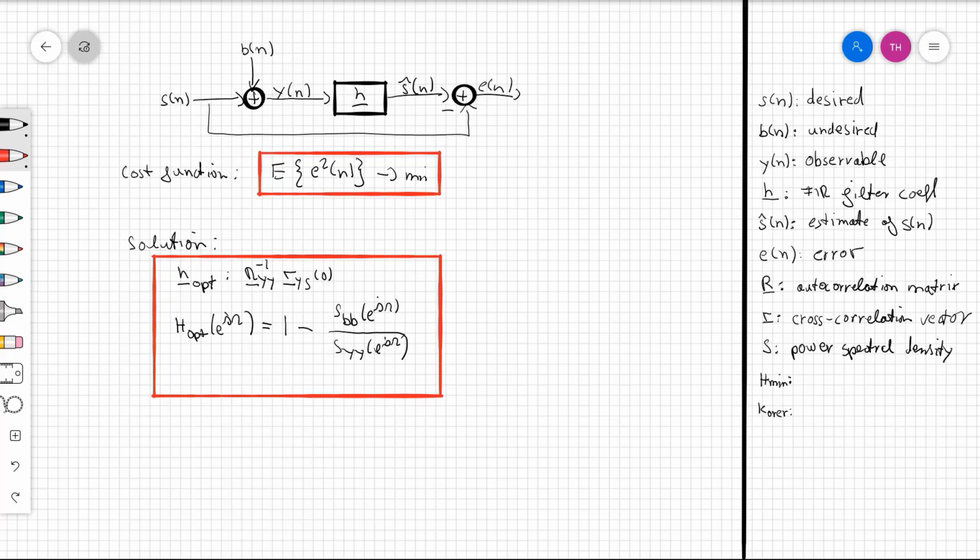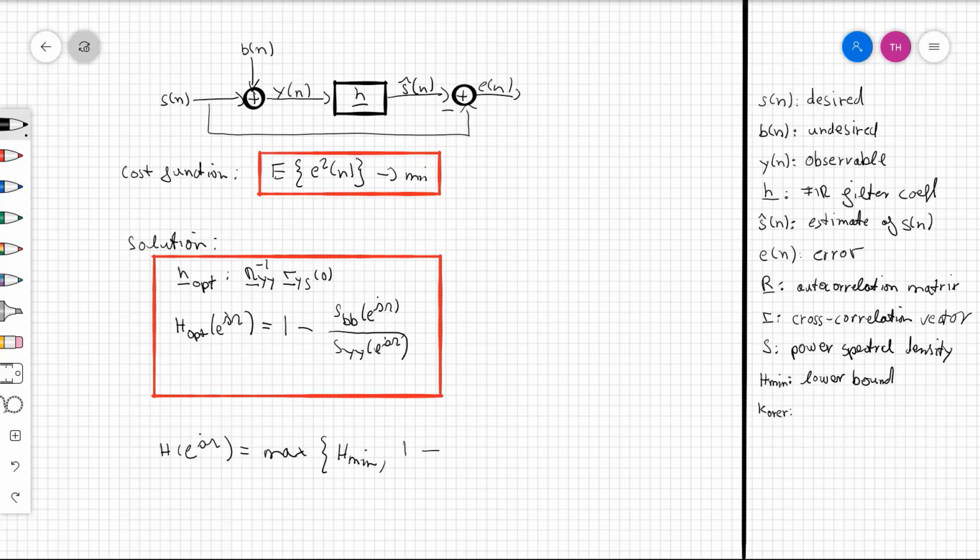In addition to this solution, the lecture introduces modifications catering to the needs of audio and speech processing applications. And the solution here is that we take the maximum of two values. The first one is Hmin, and Hmin is a lower bound. And the second value is similar to our frequency domain solution up here.